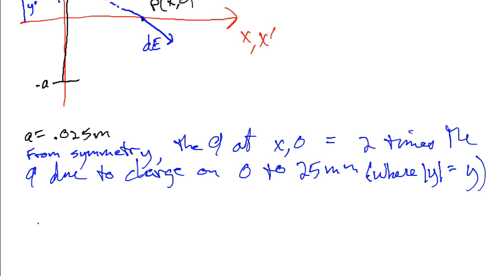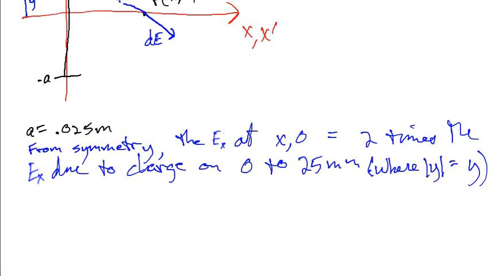Say right now 2 times, and by the way, that was E sub x I'm solving for, so better fix that up. Alright, so it's all about the x component of the electric field.